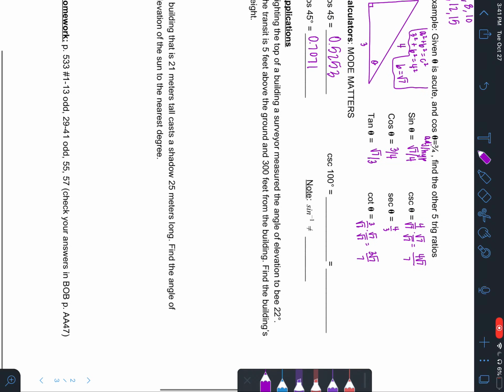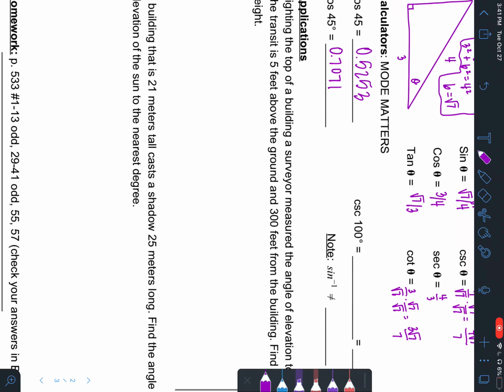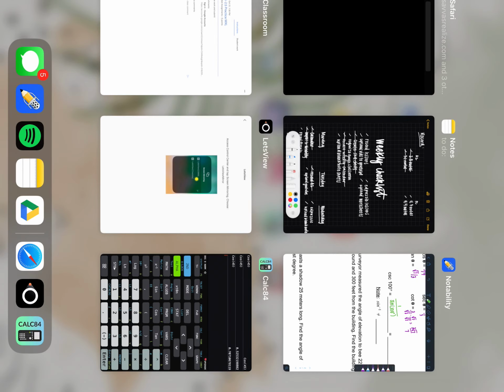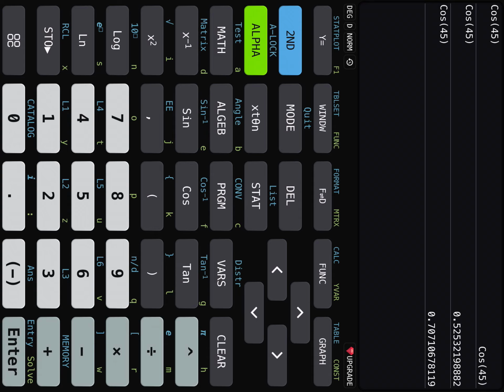So for cosecant of 100, we don't have a cosecant button on our calculator, but we do have a sine button. We know that cosecant is 1 over sine. So 1 over sine of 100 is cosecant. So we'll type 1 over that in our calculator. I have my calculator in degrees.